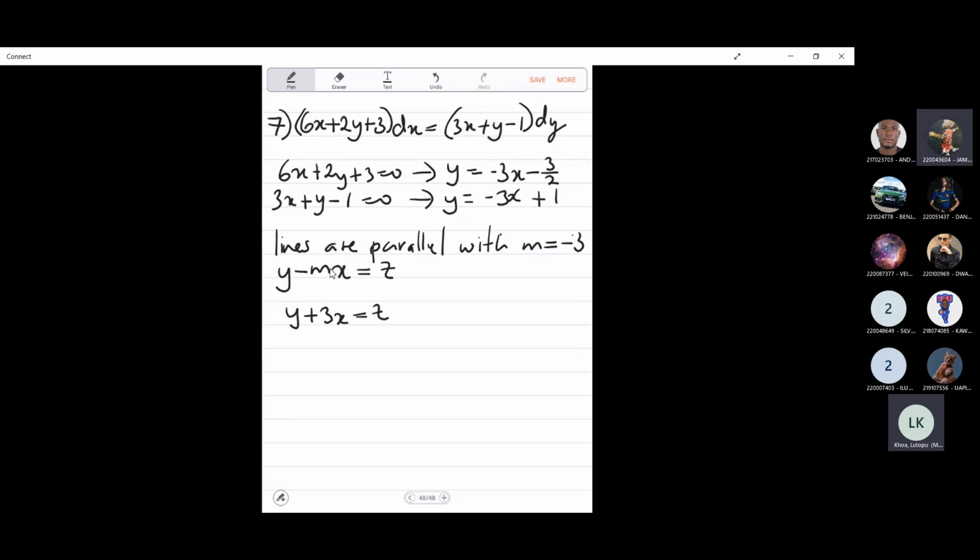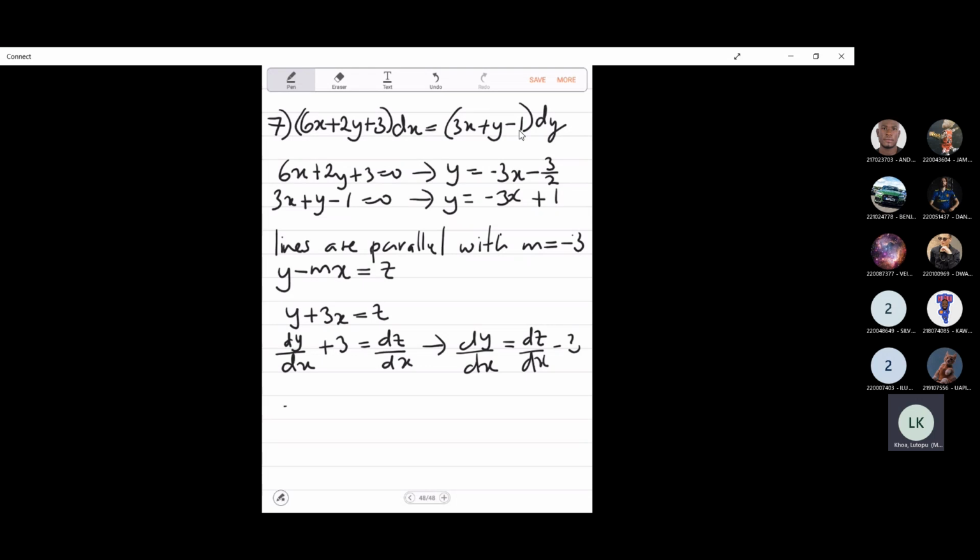And then we differentiate, and from here this means that dy dx is equal to dz dx minus 3. Okay, so we need to rewrite this as dy dx is equal to something.